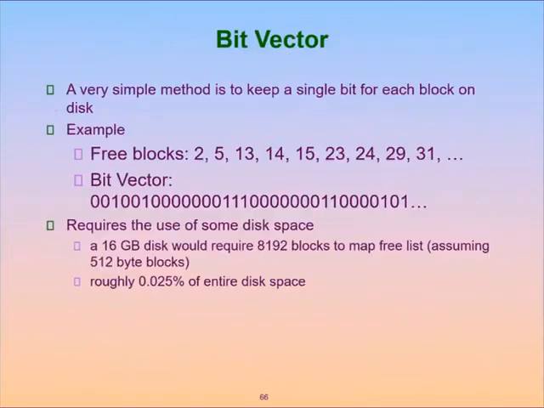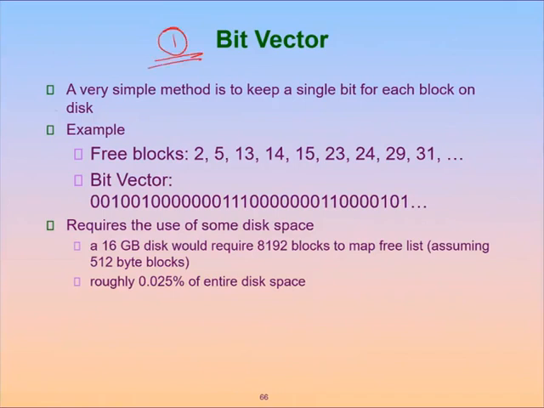One simple way to store this information: please note that I am just talking about how we can manage the free space, or track the free blocks available in the disk, so that we can allocate those blocks to our upcoming files. One way to do that is bit vectoring.